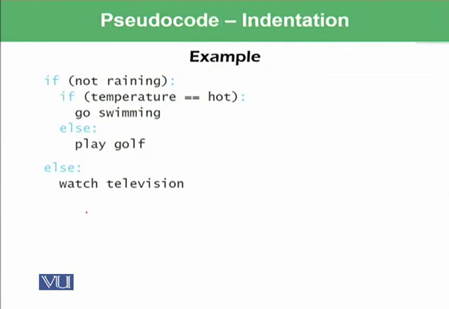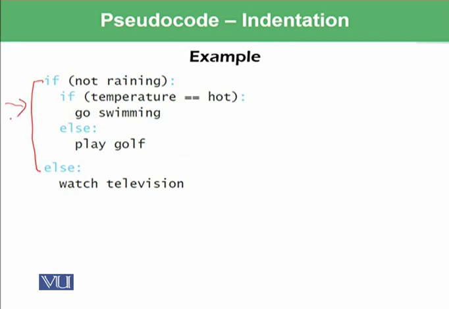There is another concept which we want to cover here, which is the concept of indentation. Whenever we write code, we make it indent. What I mean by indent is that we have written an if structure: if not raining, and then there is another if temperature is equal to hot, go swimming, else play golf, else watch television. By indentation we mean that the things on the same level should be at the same distance from the left side.